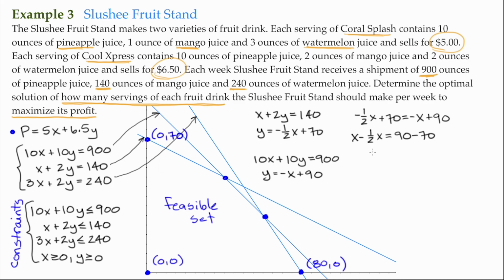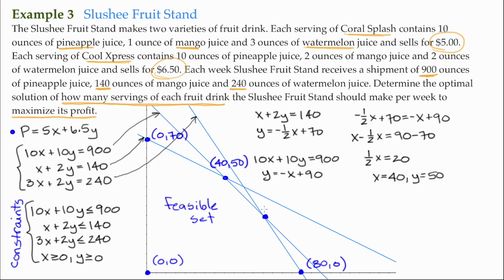X minus 1/2 x, that's 1/2 x. 90 minus 70 is 20. X has got to be 40. Take this 40 and slug it into either one of these. If we slug it in right here, negative 40 plus 90, then y is equal to 50. So this coordinate right here is 40 and 50.